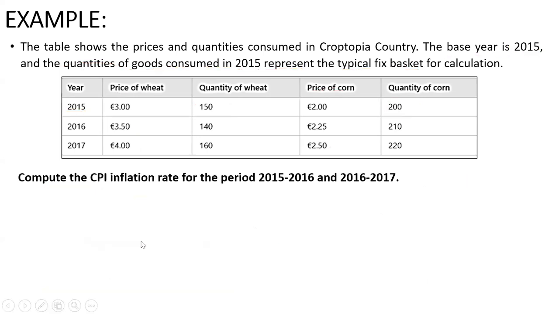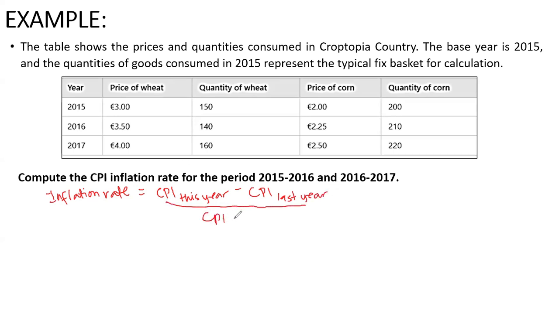Okay. In computing the CPI inflation rate, we will be using this formula. The inflation rate using CPI is the CPI of the current year minus the CPI of last year, divided by the CPI of last year, times 100, in percent.